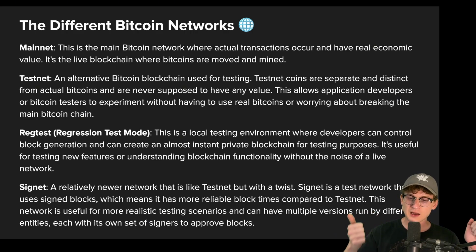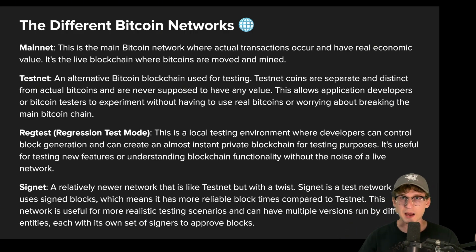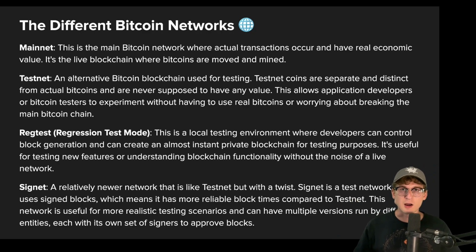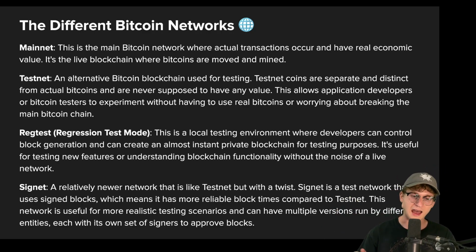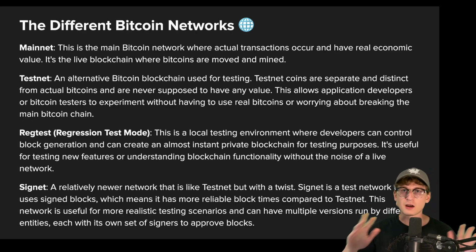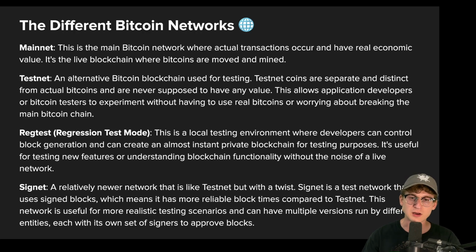Instead, at some interval, blocks are just signed and then they're valid, right? So there's an authority there that validates blocks for you. Which is fine for testing because we're not developing real adversarial apps. So in a lot of ways, Signet strikes the best trade-off between all of the options, depending on what you're doing.